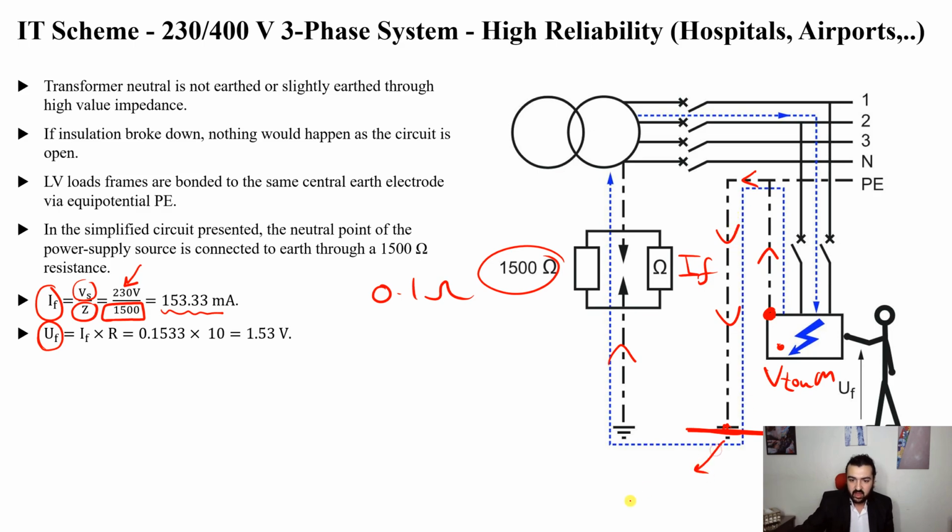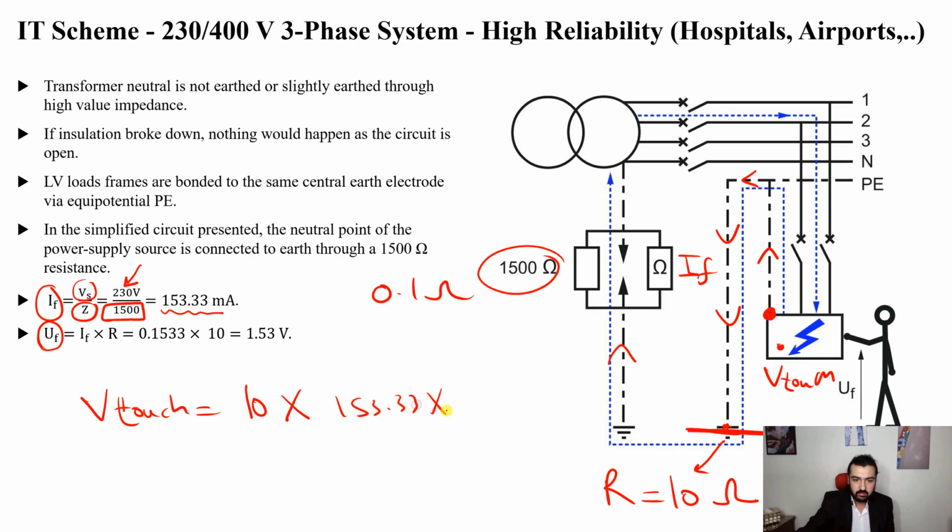Now, assuming that the resistance of the earth is 10 ohms, for example, then V touch will be 10 ohms multiplied by I fault, which is 153.33 milliamperes. This will give us a touch voltage on the equipment, or voltage on the enclosure of the equipment, of 1.5 volts.